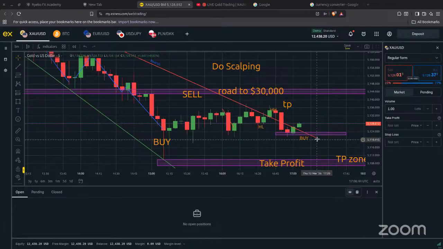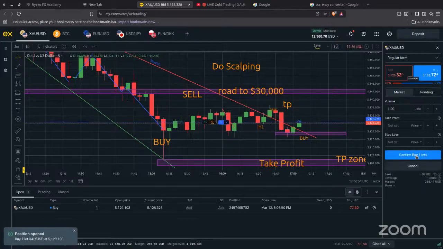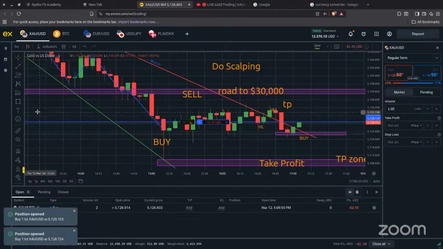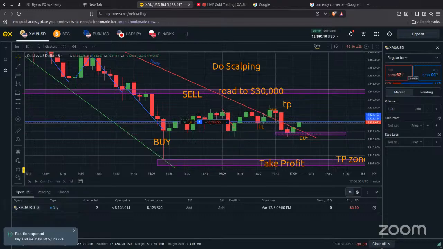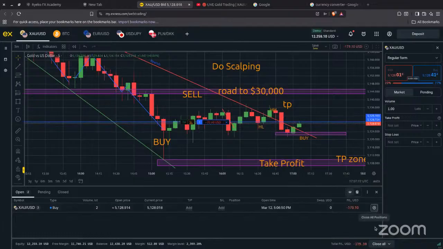Yeah, so my setup is okay. I can just continue buying for scalping. But I'll buy like 1 or 2 and take small profits and go. I'll even close from there. Let me just wait.